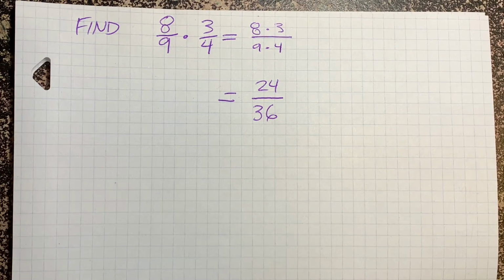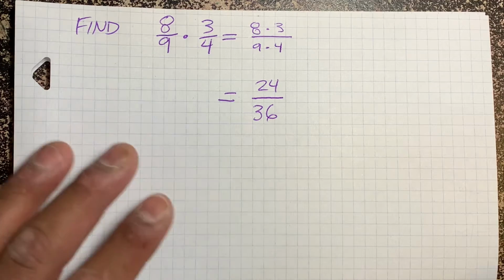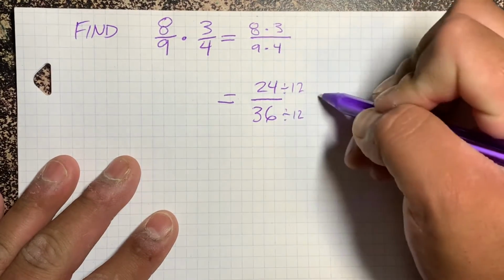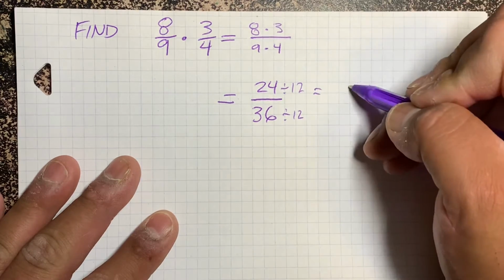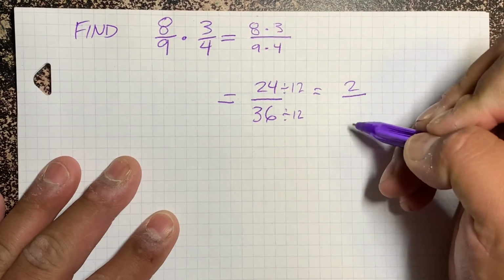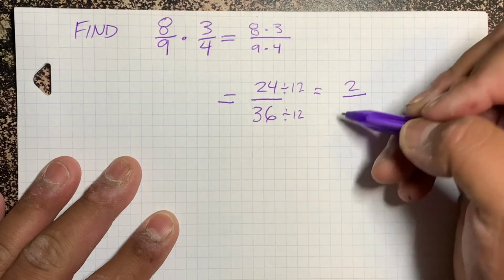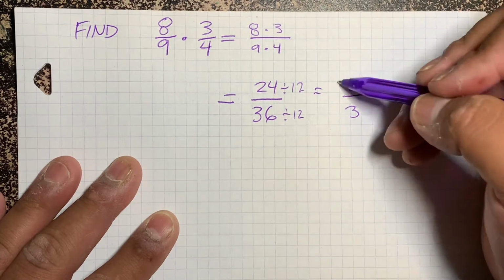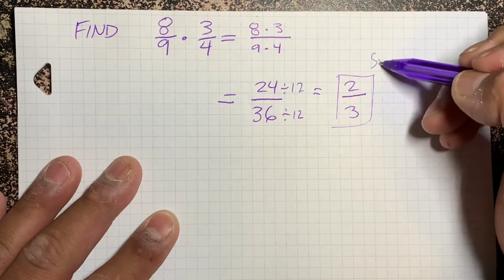So that technically would be the answer, but if the directions tell you to write it in simplest form, then you would just reduce. Both of these can be divided by 12. 12 can go into 24 twice, and also 12 can go into 36 3 times. Now this is in simplest form.